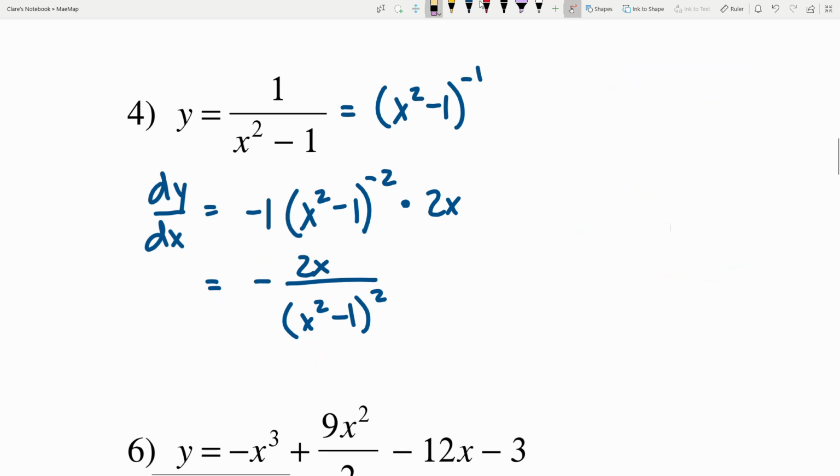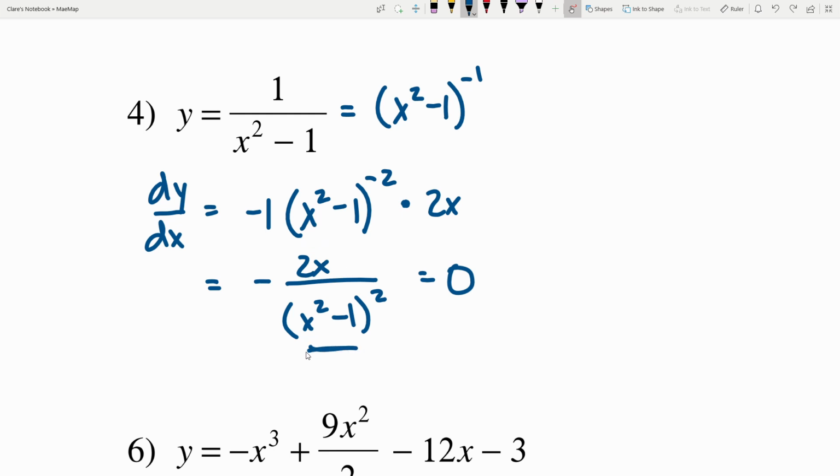So continuing on, why did we take the derivative? Well, we care when the derivative is equal to 0, because that's when our slope is 0. So we care when this equals 0, which for our fraction happens when the numerator equals 0, right? Because any time the numerator equals 0, the overall fraction will be 0.